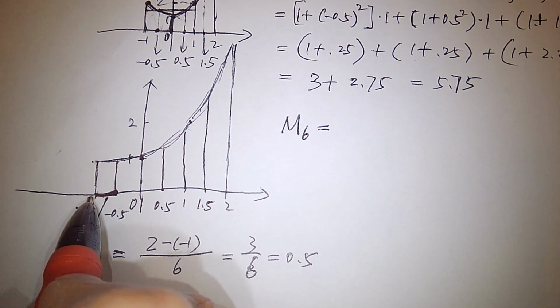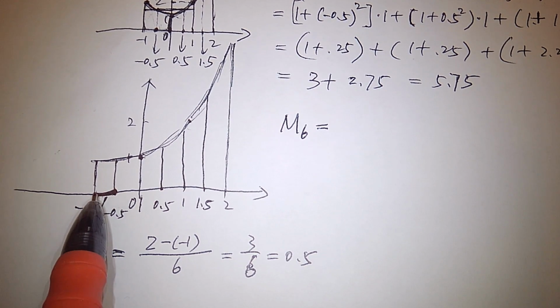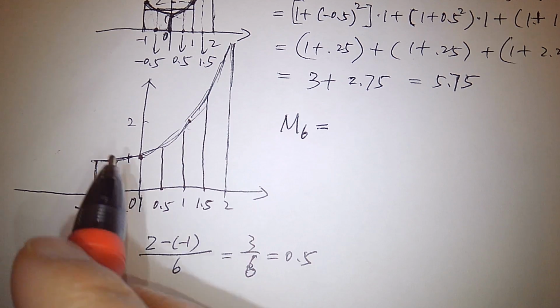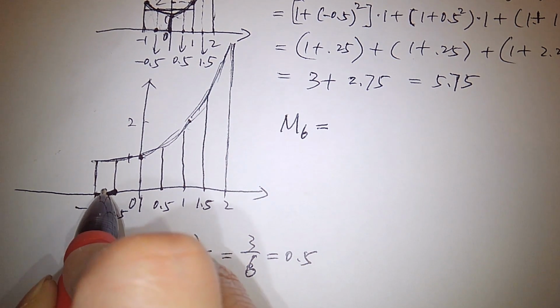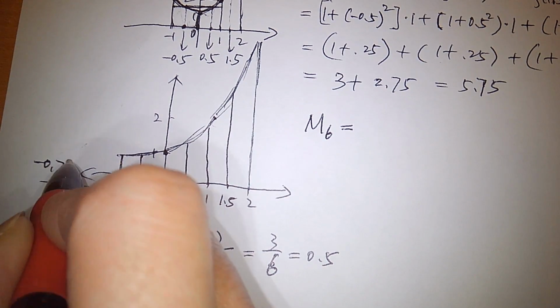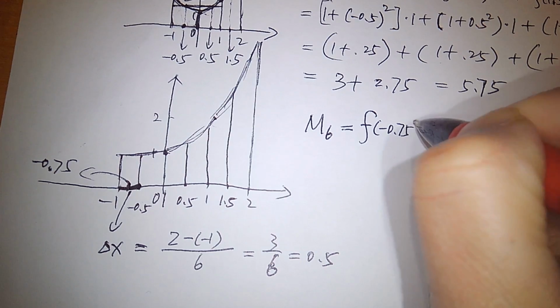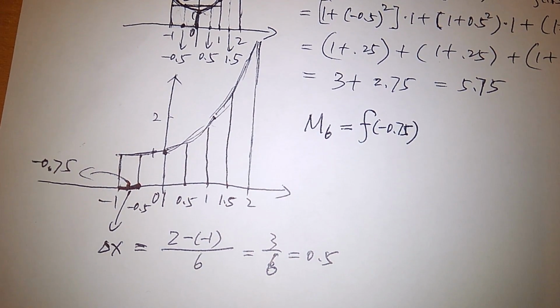So on this subinterval from -1 to -0.5, what is the middle point? What is the value for the middle point? -0.75. So f of -0.75 will be the height.